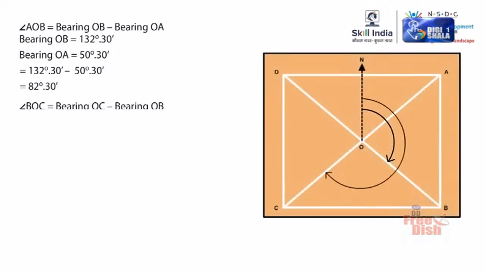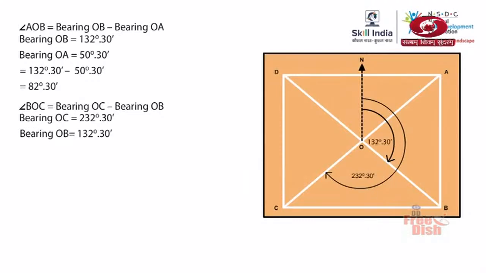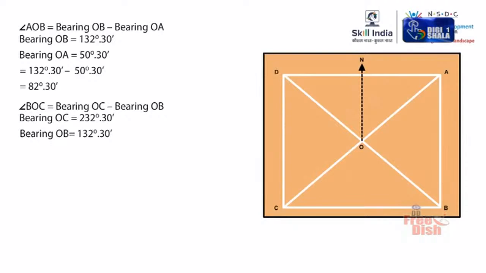From the diagram, we can see that bearing OC is equal to 232 degrees, 30 minutes, and that bearing OB is equal to 132 degrees, 30 minutes. Therefore, we can say that angle BOC is equal to 100 degrees.